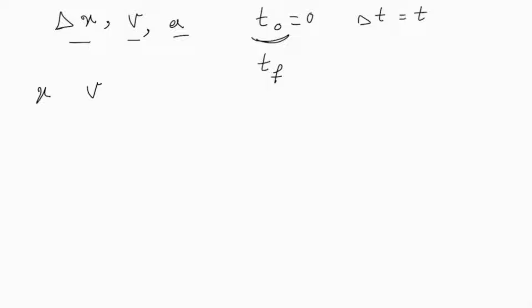The other simplification we make at this stage is assuming that the acceleration is constant. When acceleration is constant, the average acceleration is the same as instantaneous acceleration, so when describing the acceleration, we only use the symbol a.